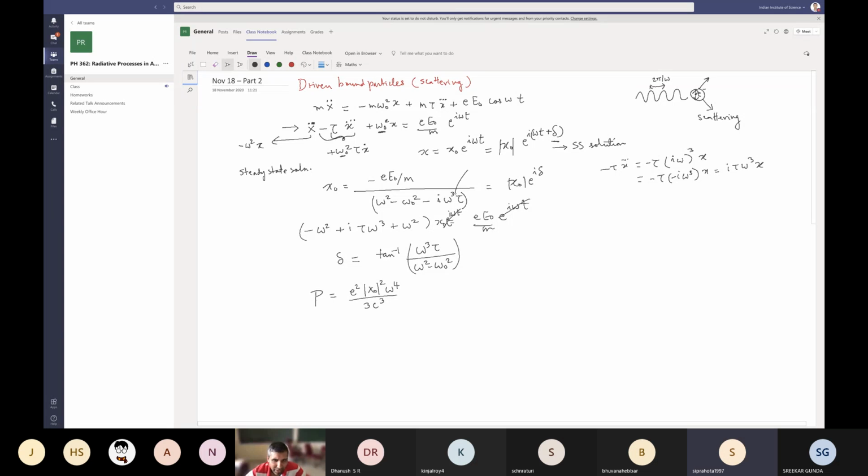It's the third line from the bottom. The last one on the right will be omega naught, and it will be minus i tau omega cube.